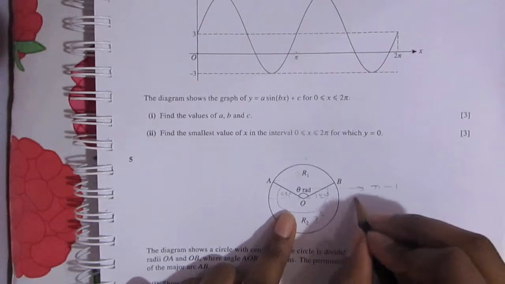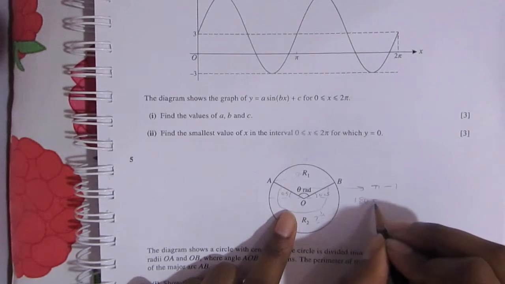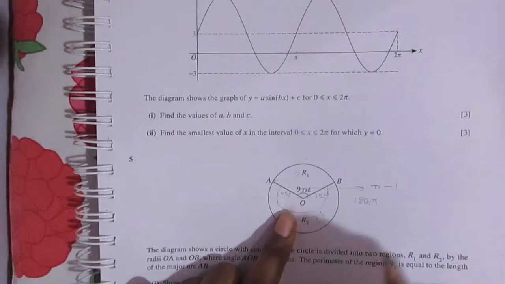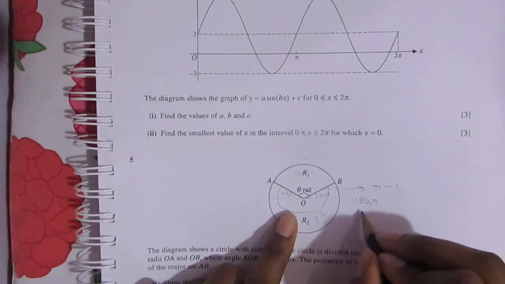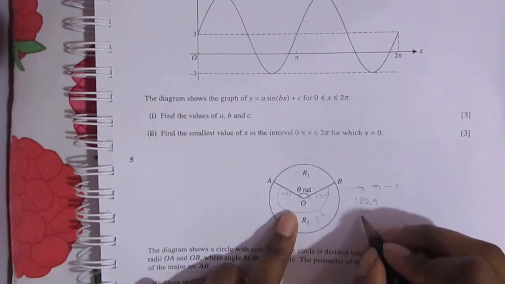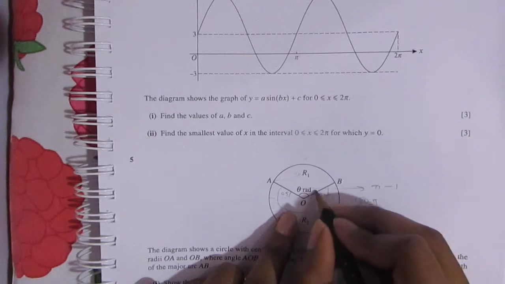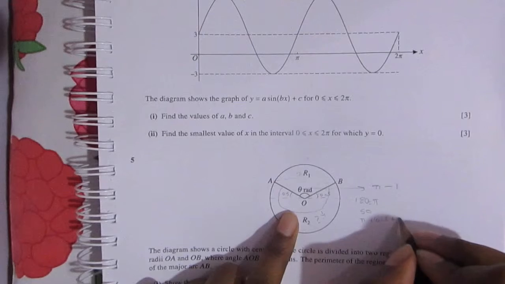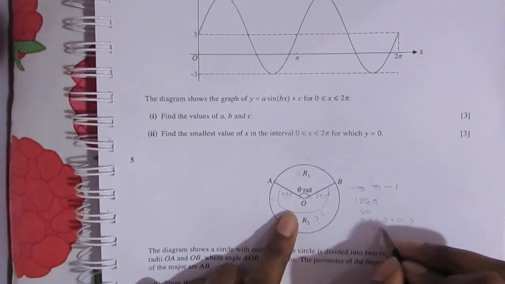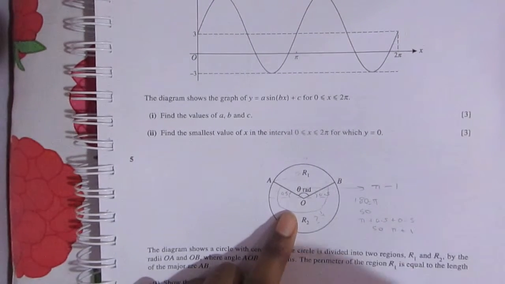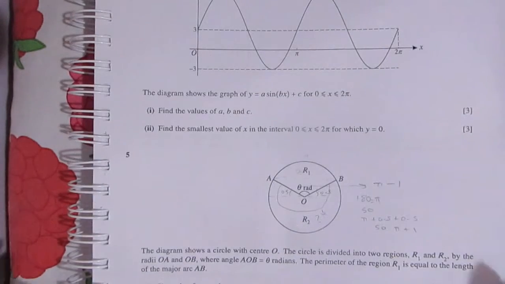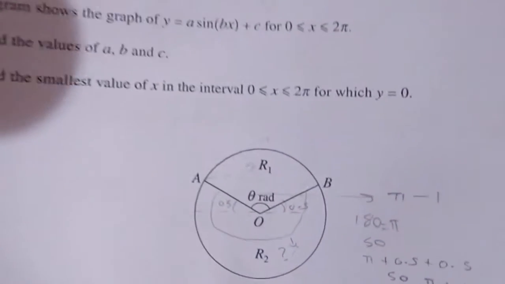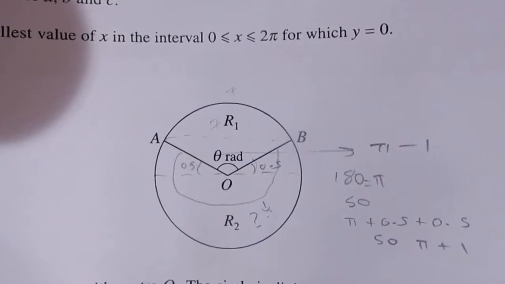So you can assume right away that R2 is pi plus the 0.5 on each end, which is pi plus 1. Or another way that you can do this is take the 2 pi and subtract pi minus 1 from it, or the theta of R1. That's because a full circle is 360 degrees, right? And 360 degrees in radians is 2 pi. So 2 pi minus that of R1 gives you the answer for R2, which is also pi plus 1.